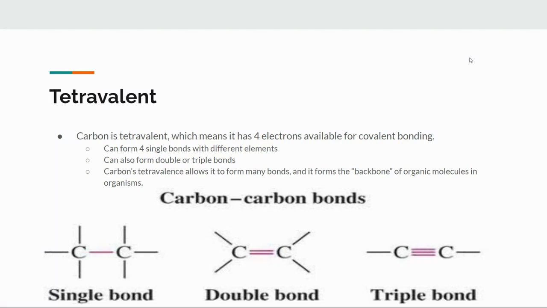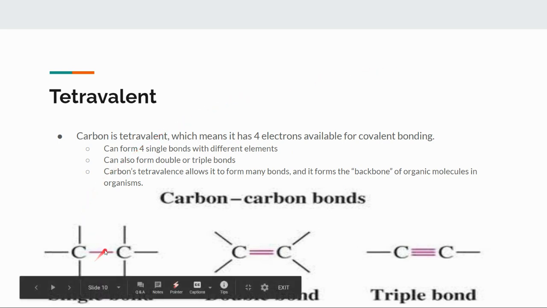We talked about covalent bonding, okay? So it can form 4 single bonds with different elements. It can also form double or triple bonds. Carbon's tetravalence allows it to form many bonds, and it forms the backbone of organic molecules in organisms. So here you see a single covalent bond, a double covalent bond, and a triple covalent bond.